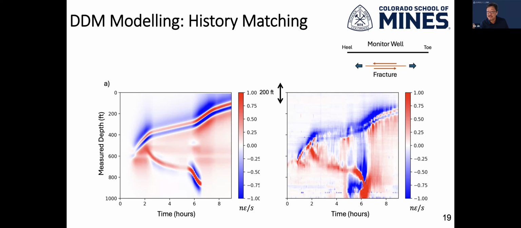Some surface experiments show the coupling factor can be 7 or 8, meaning the strain measurement we have on the fiber may be 7 or 8 times smaller than the actual deformation happening in the formation. If you scale that up, we're talking about maybe a centimeter level of deformation over these 8 hours. So at least that gives you a scope, a range.